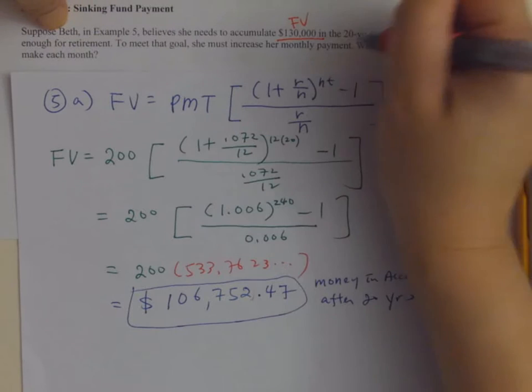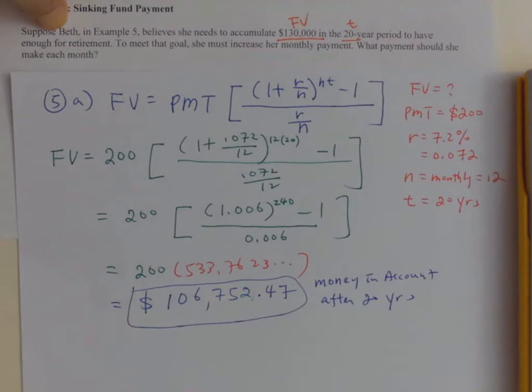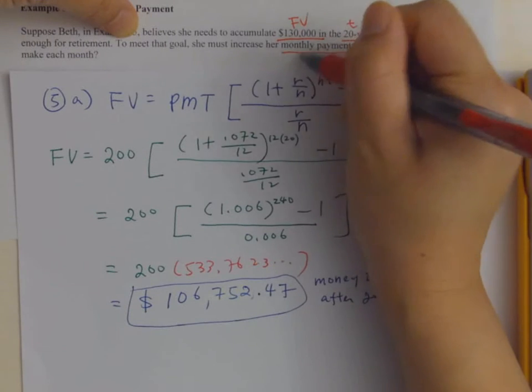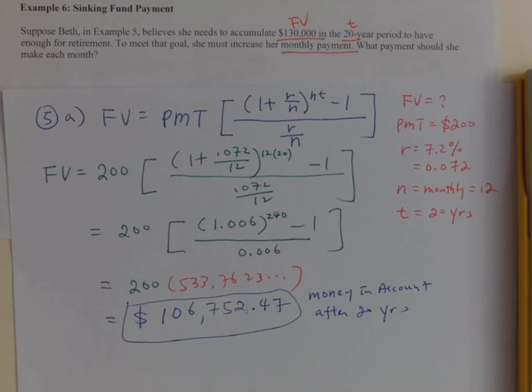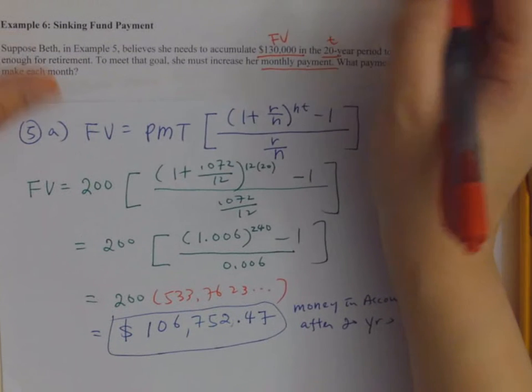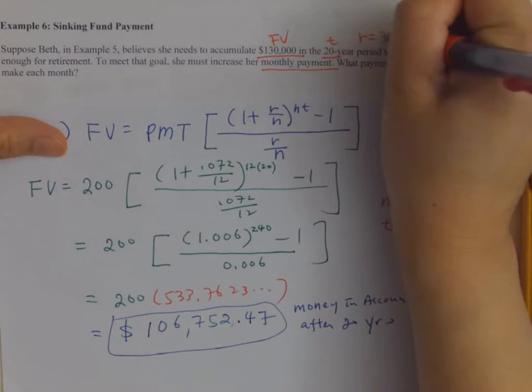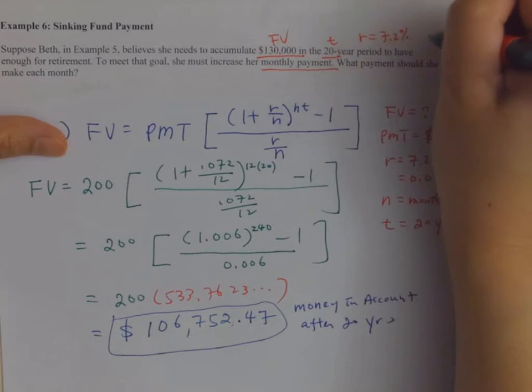To meet this goal, she must increase her monthly payment. So we don't know what payment she should make each month. We are using the condition from the last question, so the R would be 7.2% compounded monthly, right?